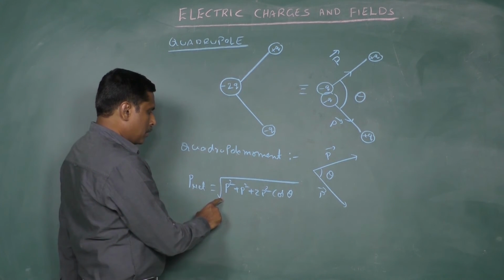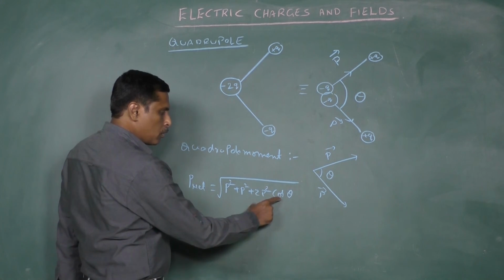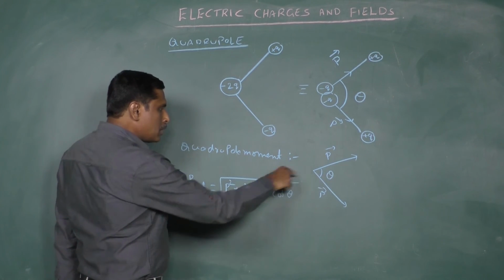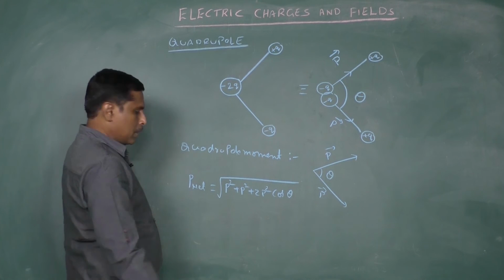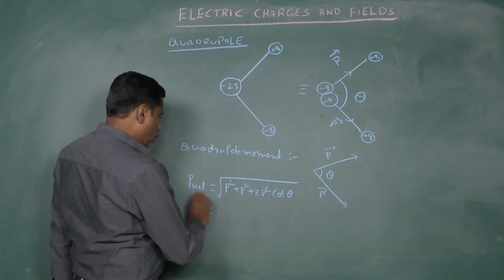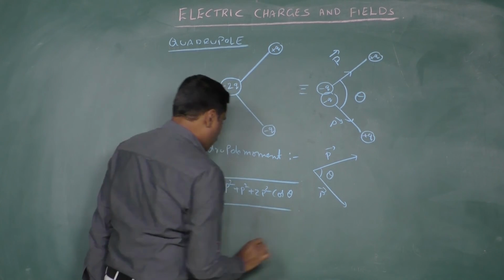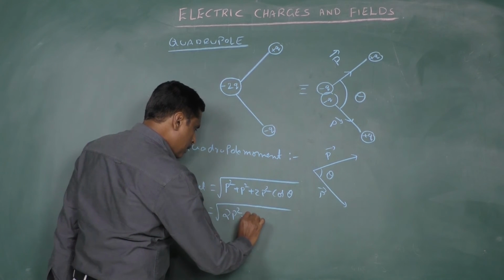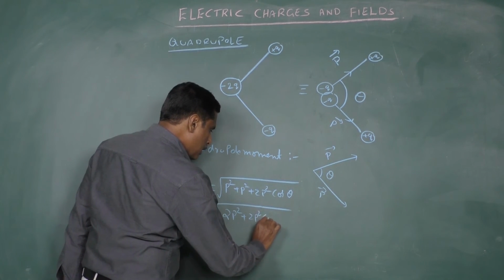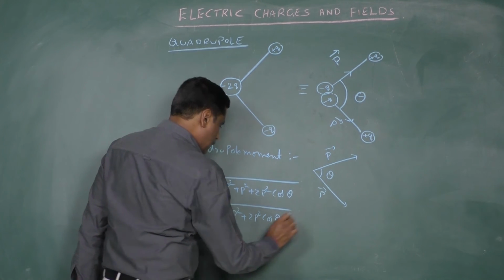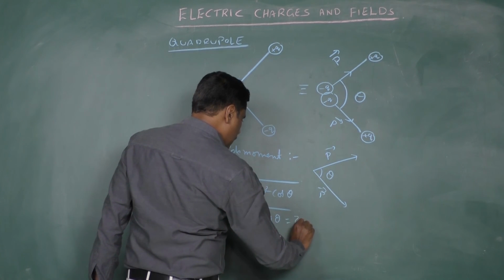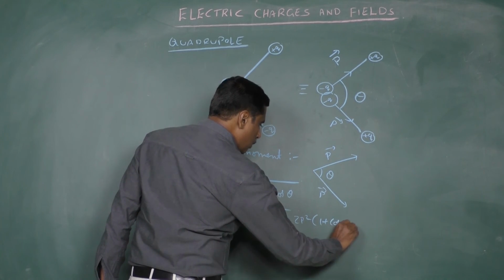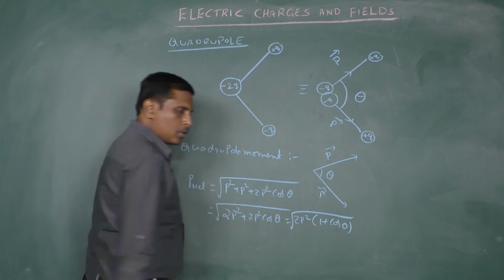So this net dipole moment is also called the quadrupole moment. Therefore, the quadrupole moment is equal to square root of P square plus P square plus 2P square cos theta, that is equal to 2P square into 1 plus cos theta under root.